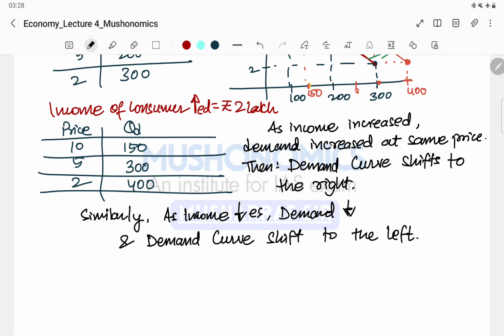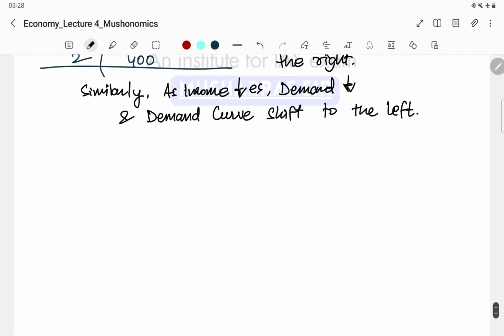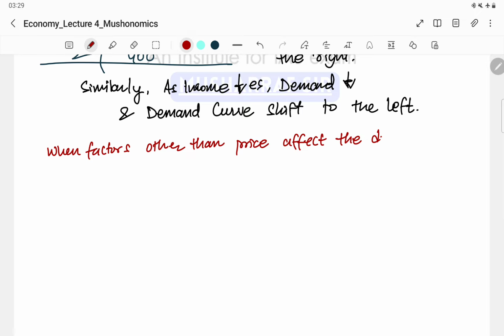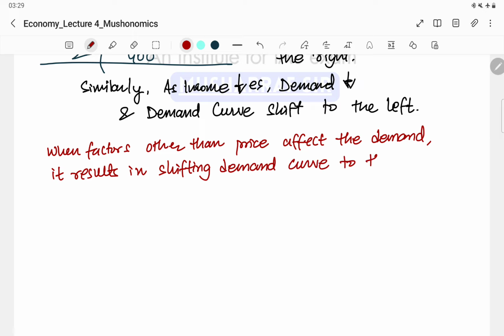Demand curve shift to the left. Now, a very important point you have to understand here is: when factors other than price affect the demand, it results in shifting the demand curve to the right.